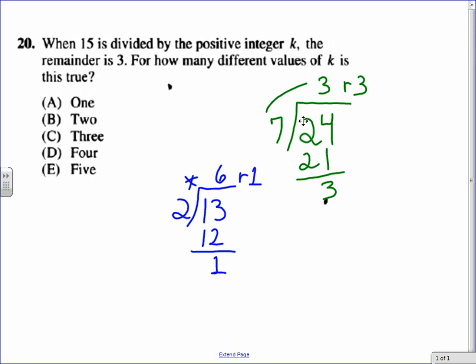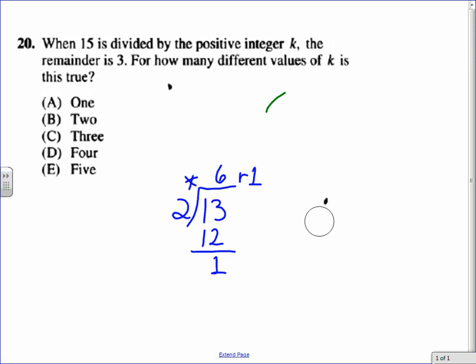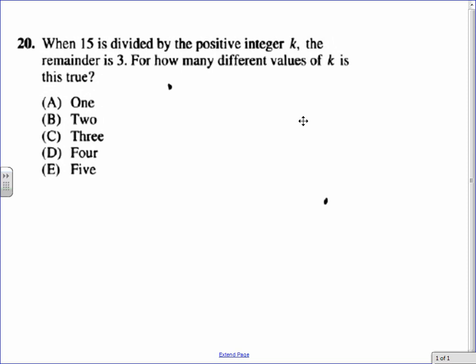Okay, so this question's asking us something pretty strange, of course, because it is the last question in the section. So this is asking us, when we divide 15 by k, we get remainder 3. So it means there's 3 left over.